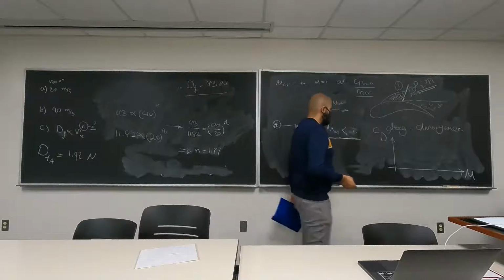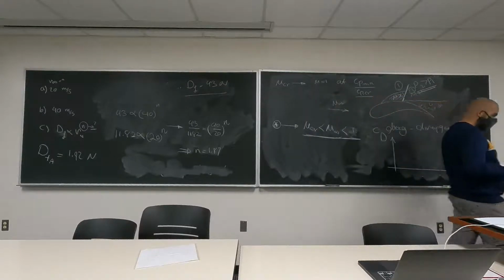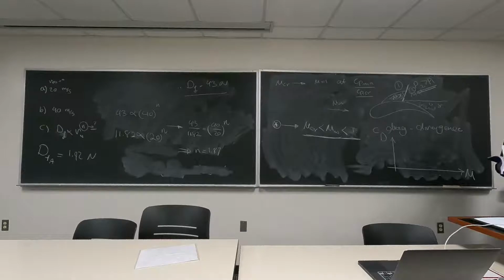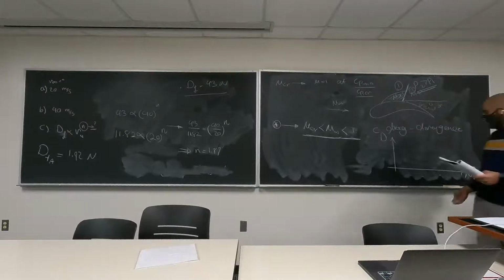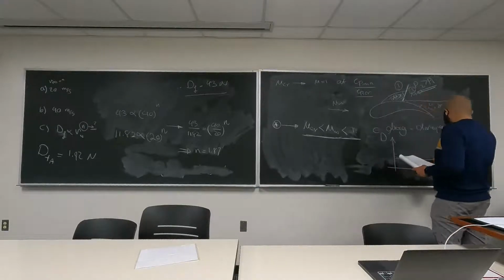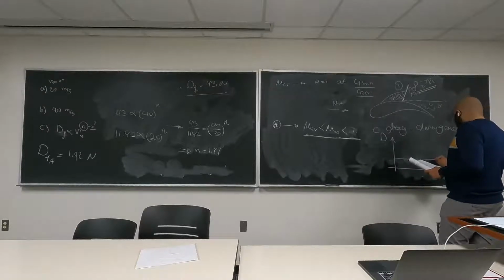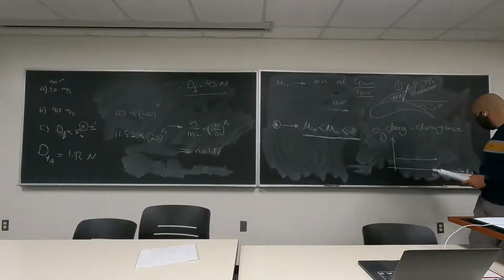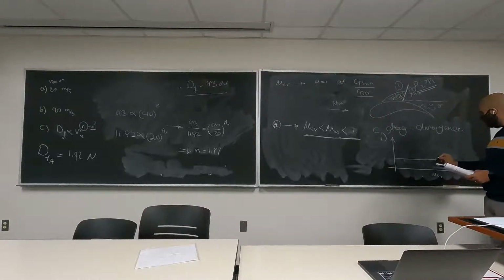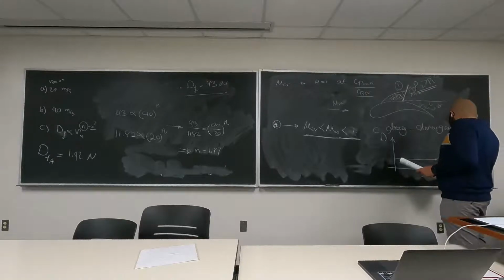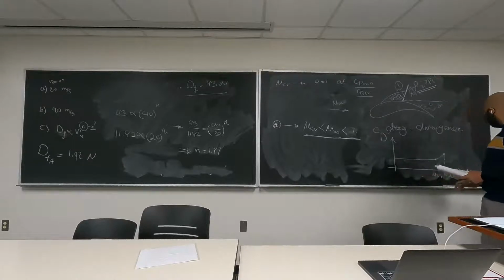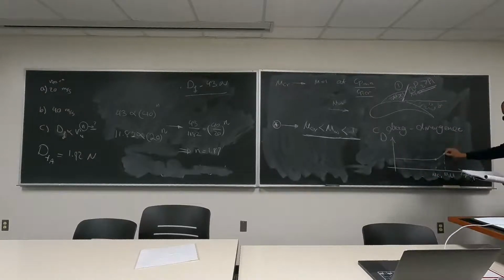What you're going to see is a fairly constant drag coefficient until you get to this critical Mach number, and then it will start increasing until you get to the drag divergence, I'm going to call it DD, and afterwards you're going to get a very huge increase.